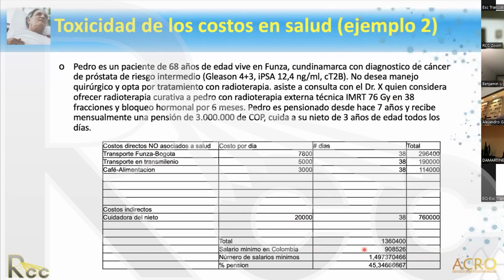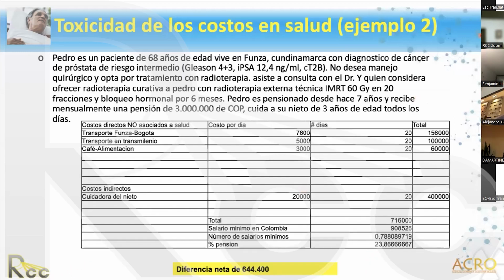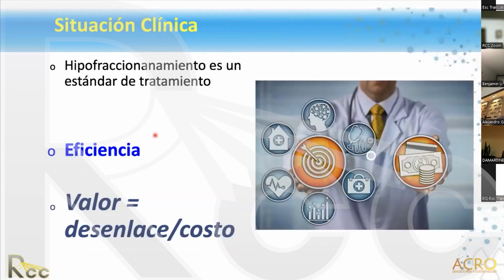And every month that he would be in treatment, he will be 2 months in treatment, the direct cost associated to health is 45% of his retirement money. On the contrary, if that same Pedro was programmed with hypofractionated therapy, 60 grays in 20 fractions, we're talking about a net difference of around $150 a month that Pedro could be saving.